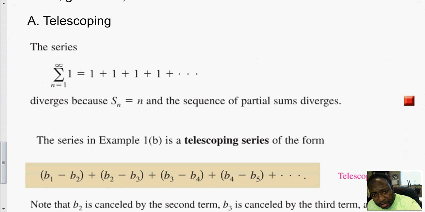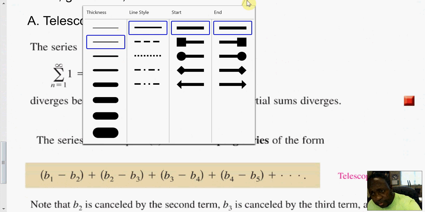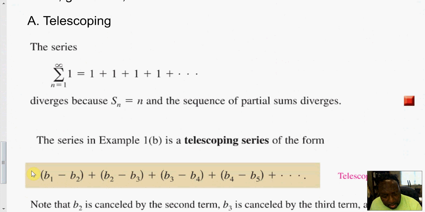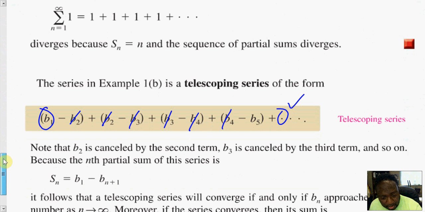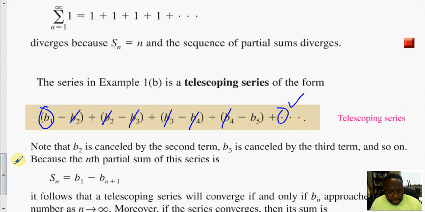What is important here that you notice is that as you look through the telescoping eye from the beginning to the end, the terms in the middle cancel out. And you'll be left with the first term and the nth or the nth plus 1 term that you want to pay special attention to.